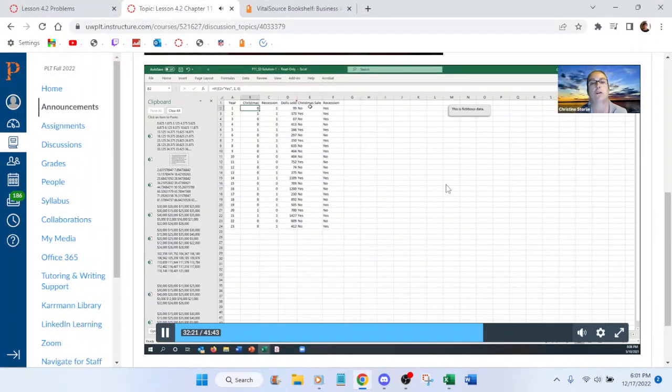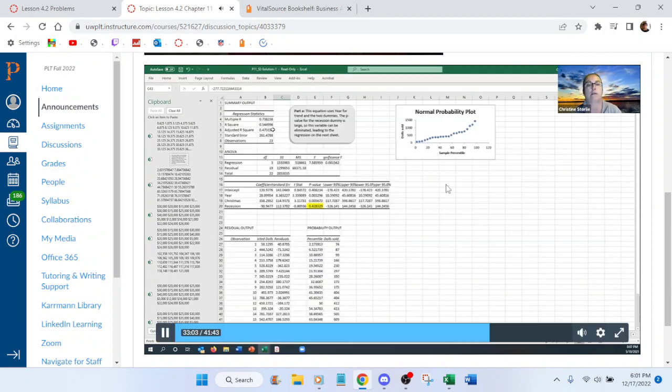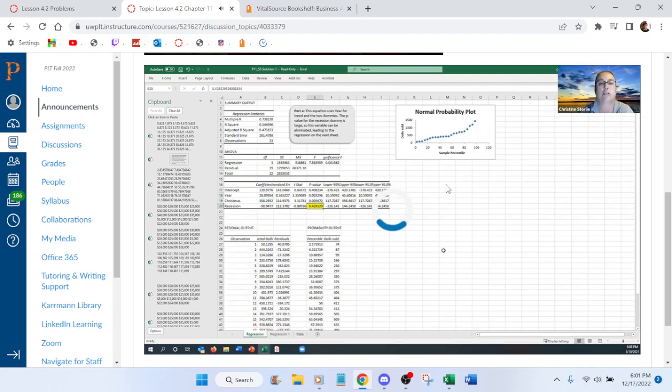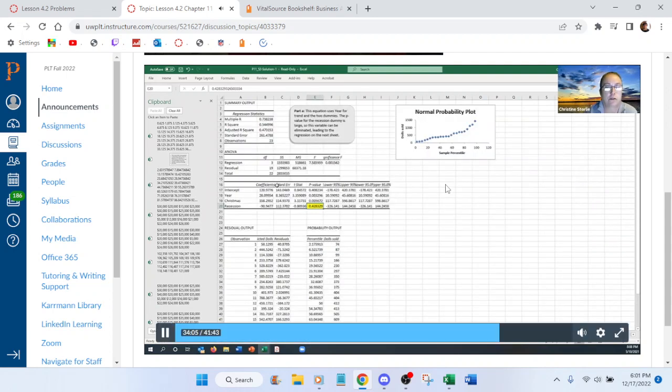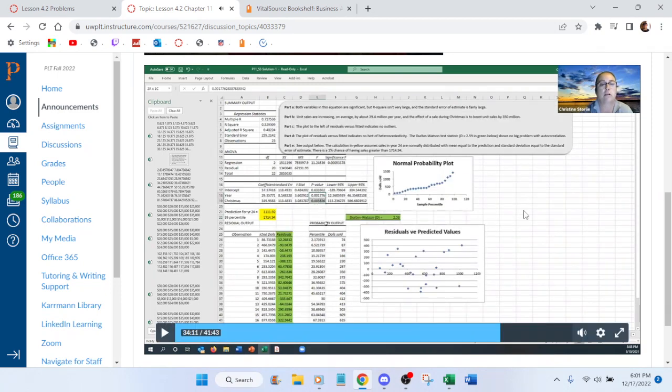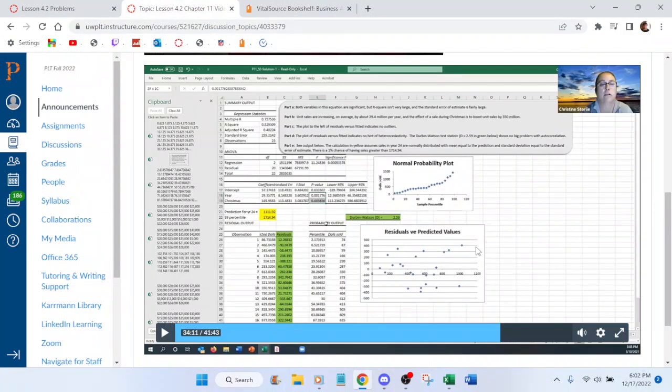Probably need to label the intercept, and rerun the regression analysis tool with just A and B as predictors. So A is determine the equation. Well, that's the one.